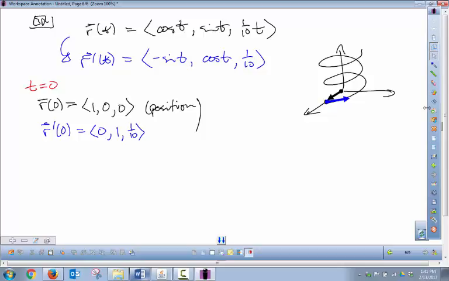Okay? So that's what's really cool about this, the derivative. It kind of becomes built in as a tangent vector.